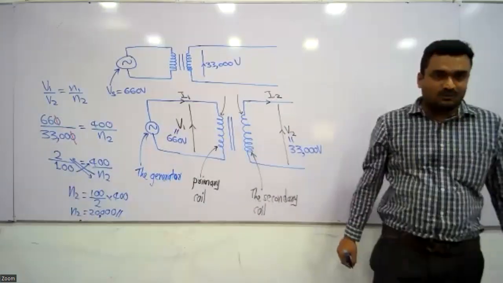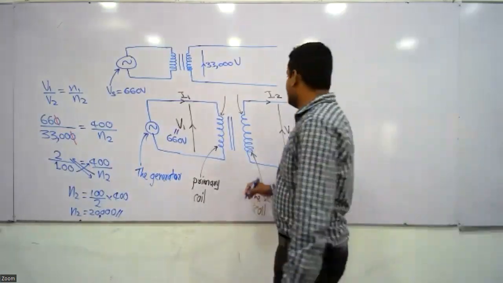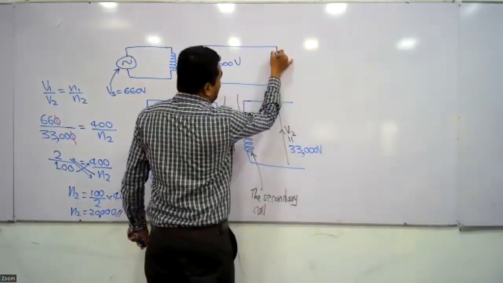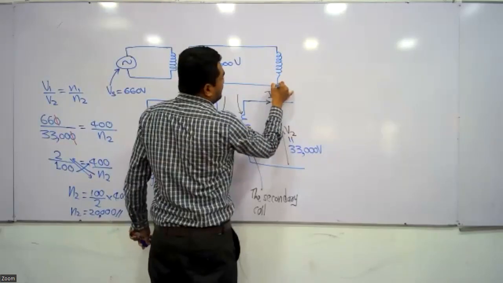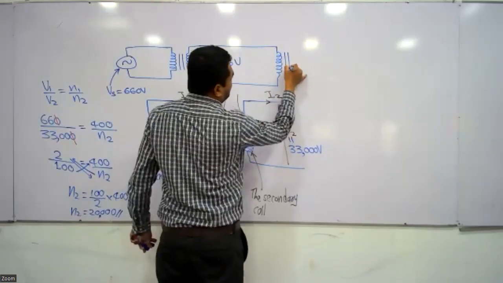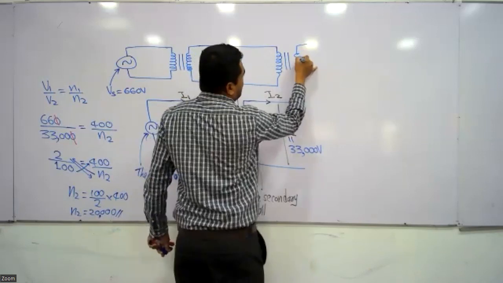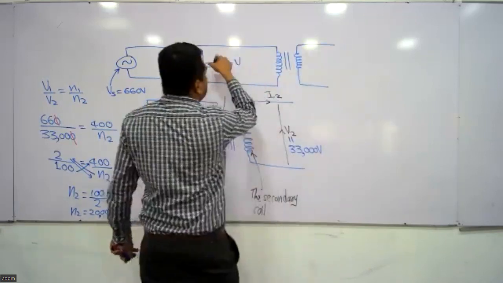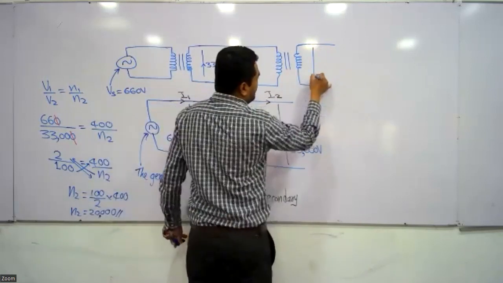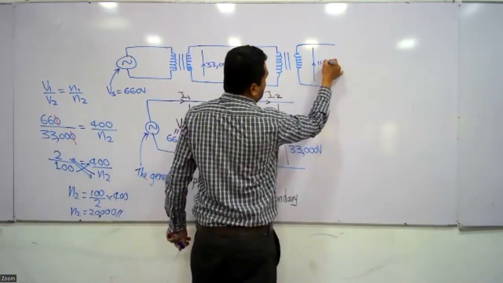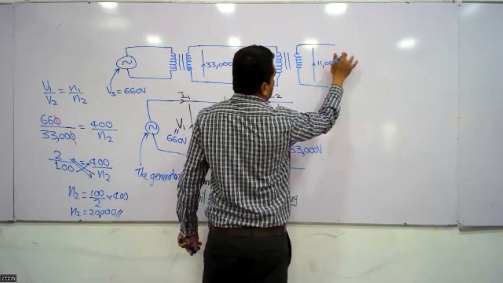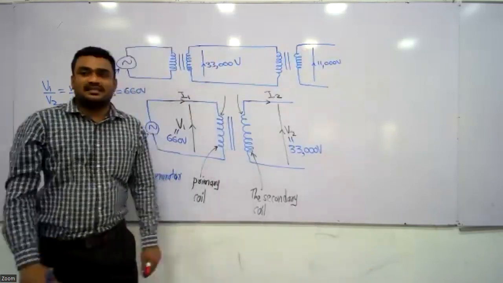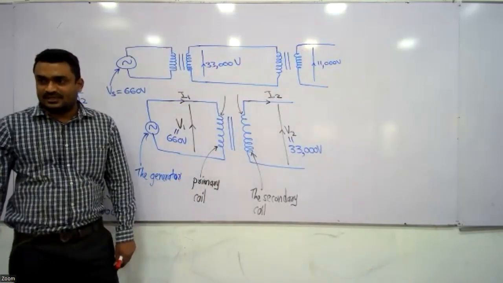Step up transformer, voltage increases. Then there will be another transformer like this. This transformer normally reduces this 33,000 volts to 11,000 volts. So what kind of transformer is this? Step up or step down?